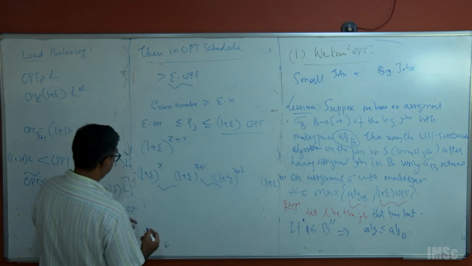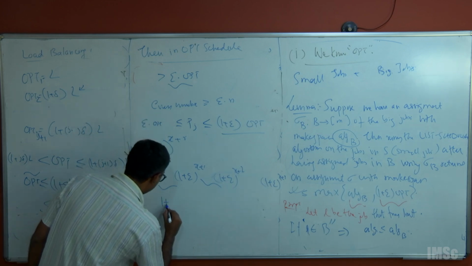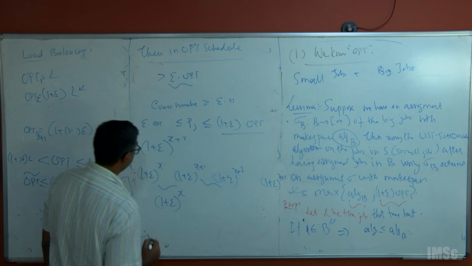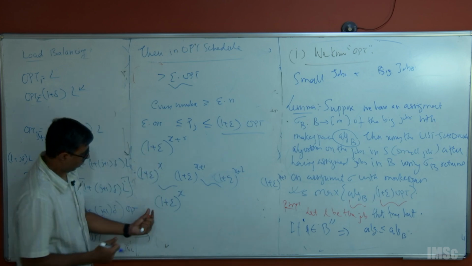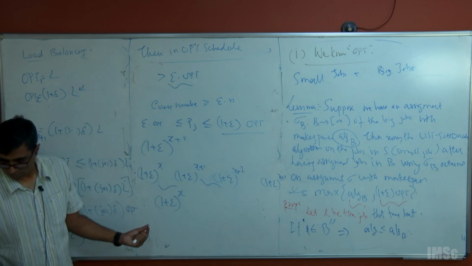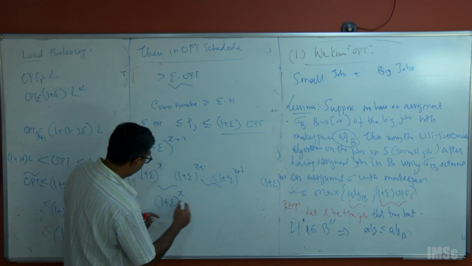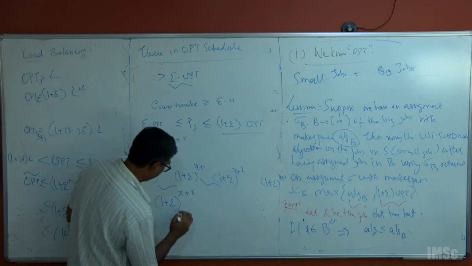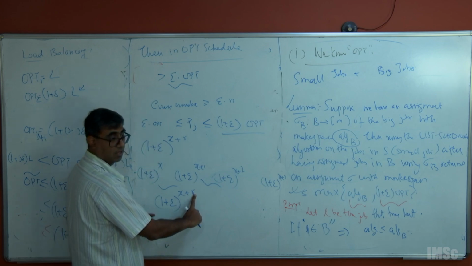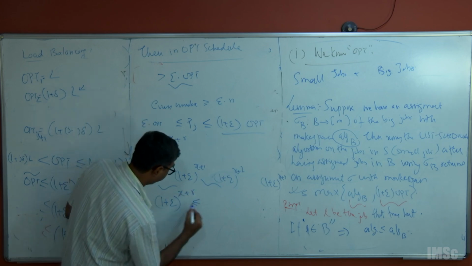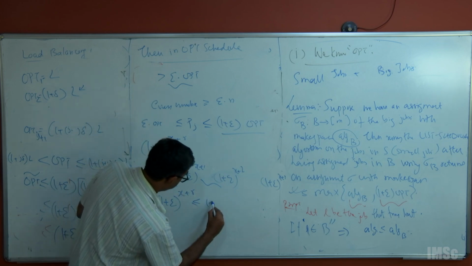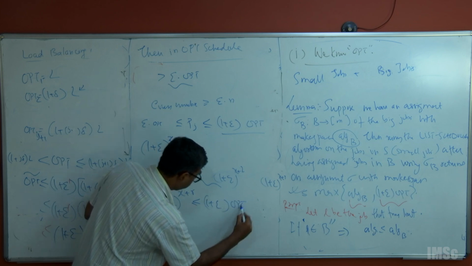So what are we getting? We want to reach from here, right? So what I want is 1 plus epsilon to the power x plus r should be less than or equal to 1 plus epsilon times opt, right?